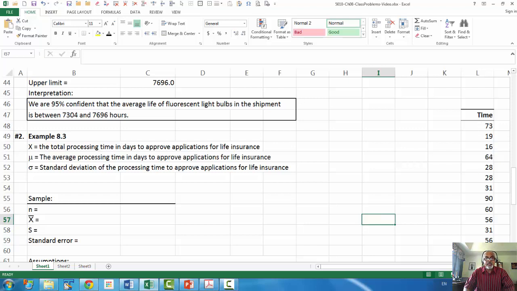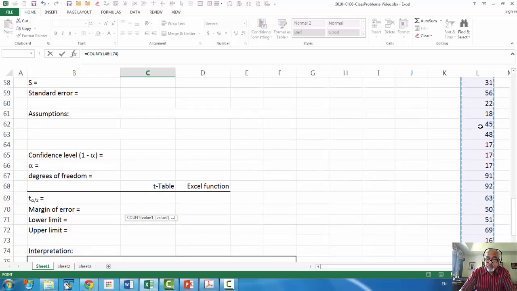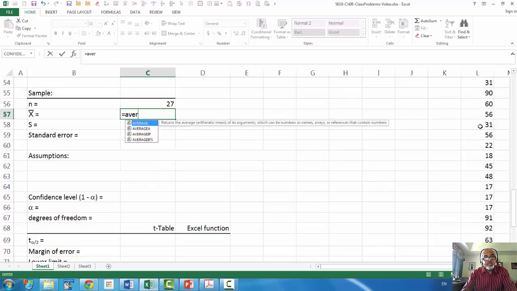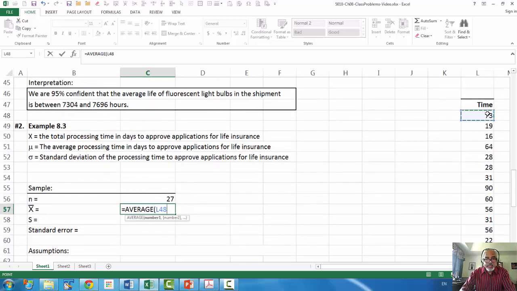So here is the sample. Let's collect the sample information. Now we're going to compute the sample values ourselves. So sample size is what? Count. And X bar, the average, is the average of the times.